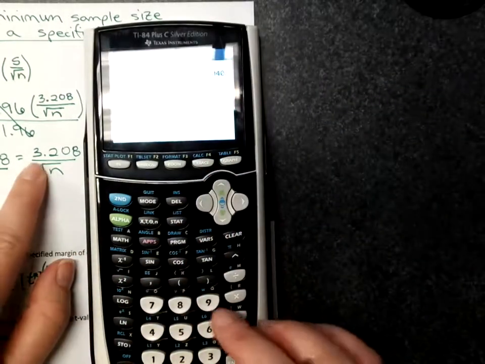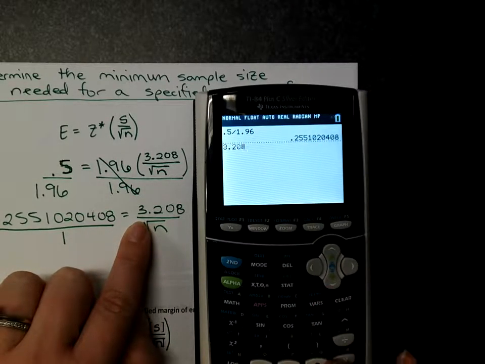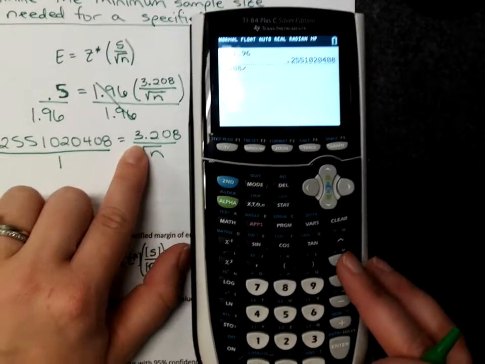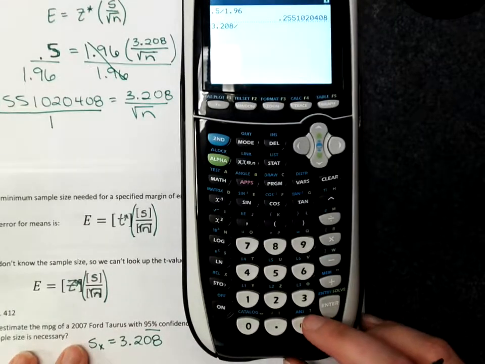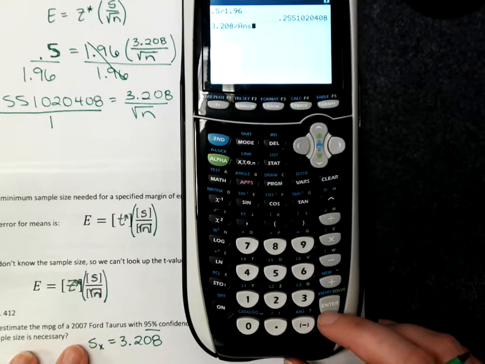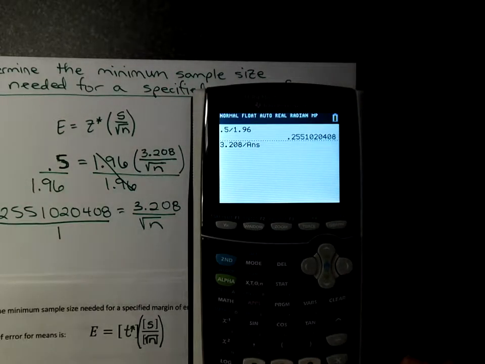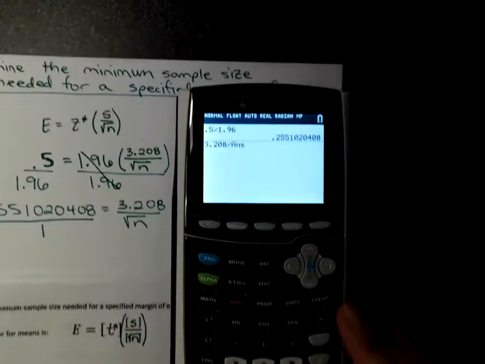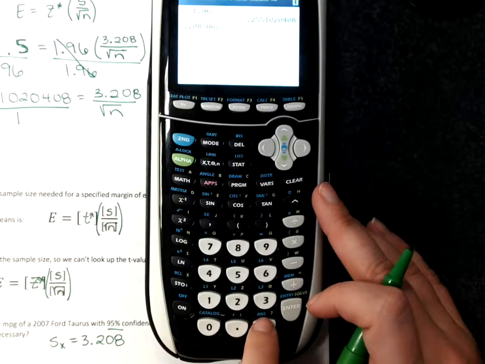I take the standard deviation, which we're given, 3.208, and I divide, and the way to do this is to hit second, and then the negative button says answer right above it, ANS, so second, negative, and what that does is it stores the exact answer in there for you. So 3.208 was my standard deviation, divided by, and then second, negative. You see what it says A and S, that means answer.